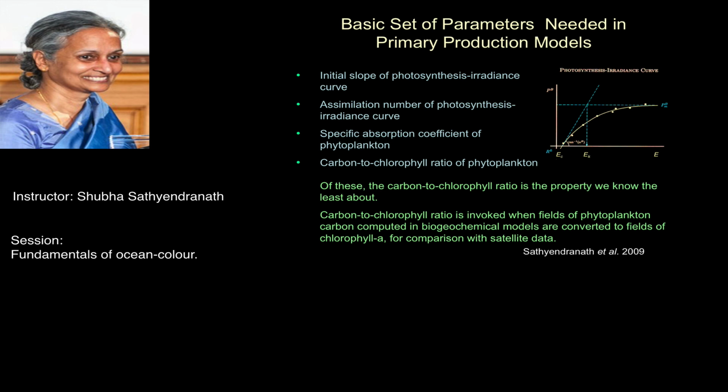But it is, I don't think, a closed problem. And when we understand that better, how carbon to chlorophyll ratio varies, photoacclimation, and all those things, then we would be able to reconcile even better carbon-based models, chlorophyll-based models, absorption-based models, and so on. And that's just about where we are.